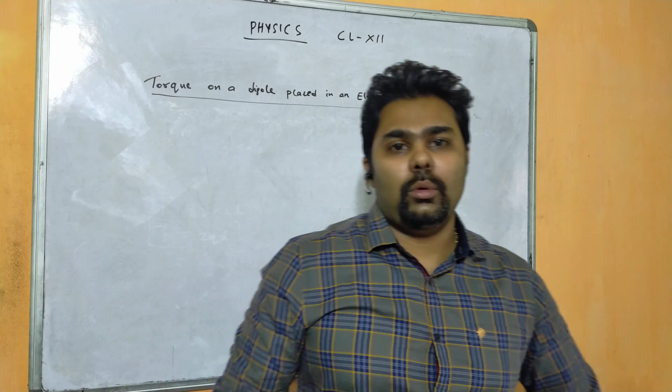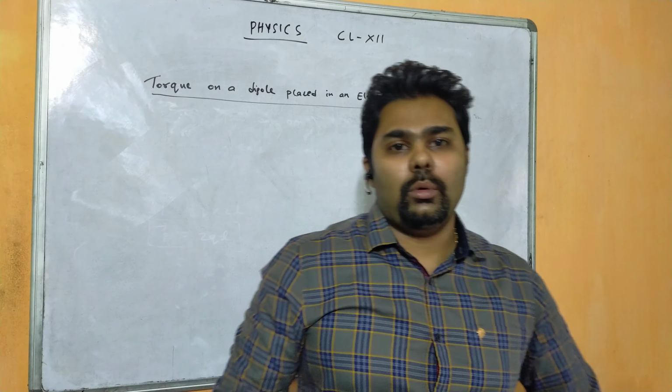In triangle BAP, sin theta is P by H. What is P here? Our P is BP and H is our AB, right?